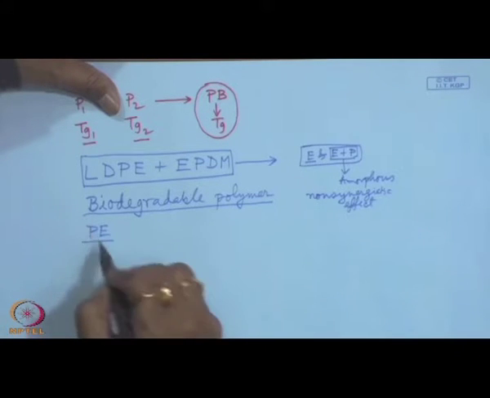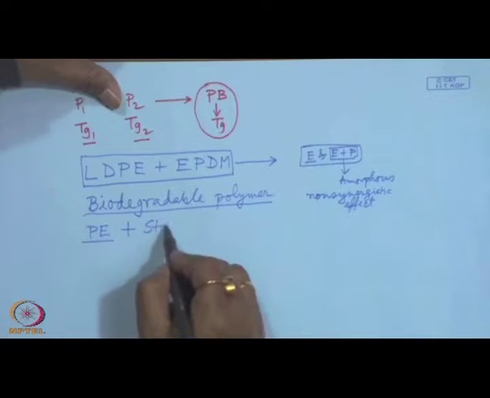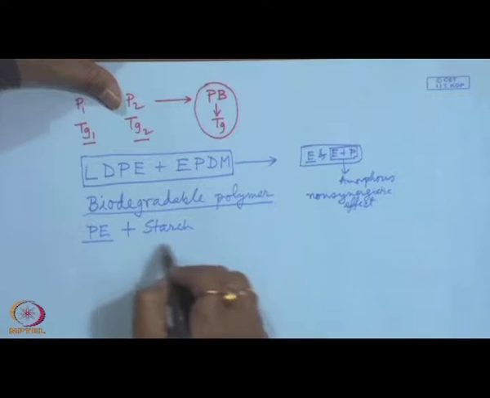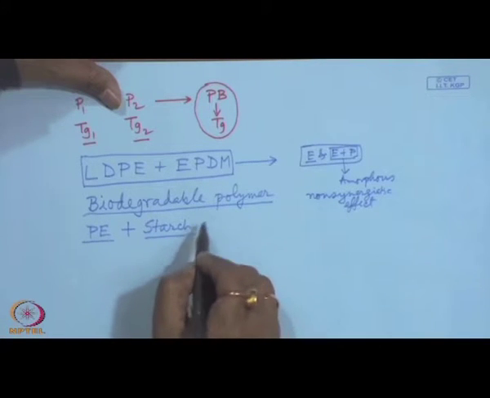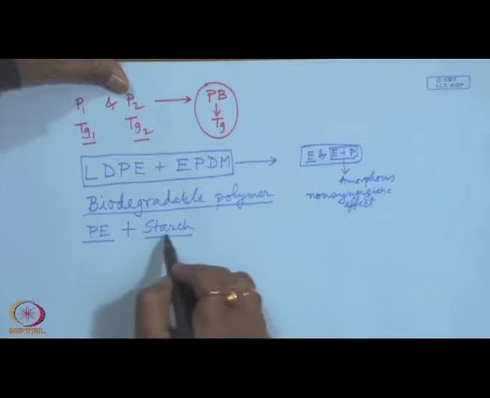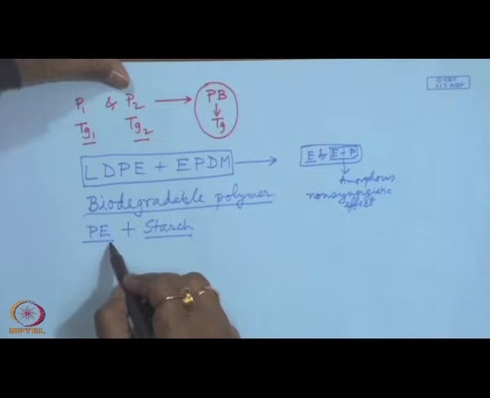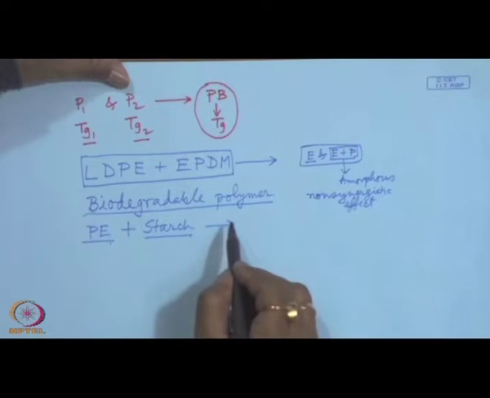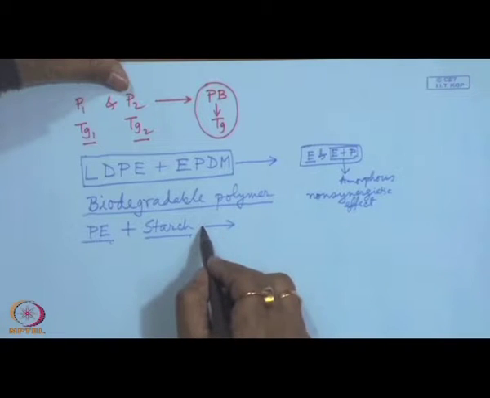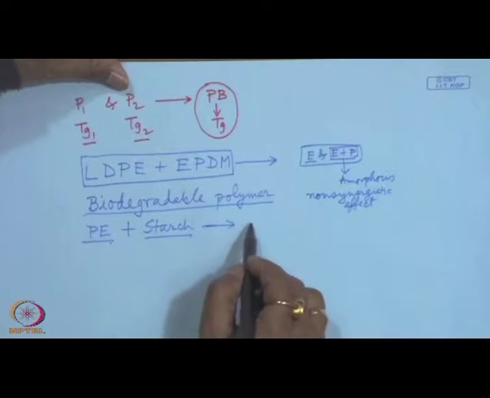In order to make this polyethylene biodegradable, people blended starch with this polyethylene, but starch is a naturally occurring polysaccharide which was blended with polyethylene, but the starch is a polar polymer and polyethylene is a non-polar polymer. The compatibility of these two polymers is almost negligible. These two components are immiscible, incompatible in the blend.